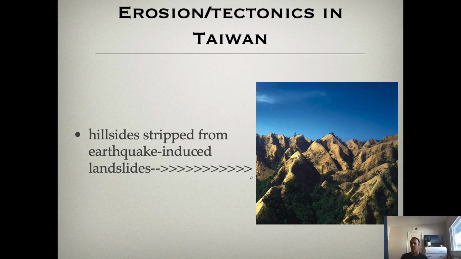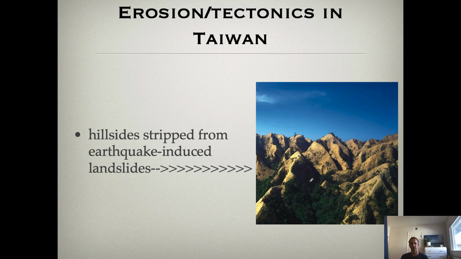Okay. So one very interesting thing is that people have noticed that when you have earthquakes, you oftentimes strip the hillsides of soil and the shallow part of the rock that's exposed, as well as the vegetation. So earthquakes can increase erosion rates.